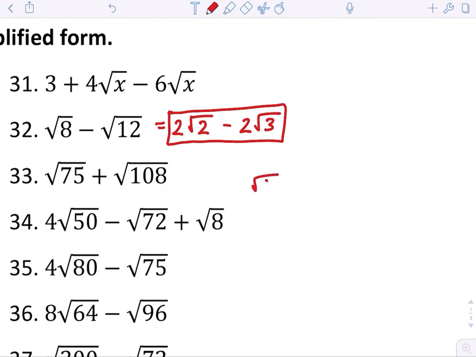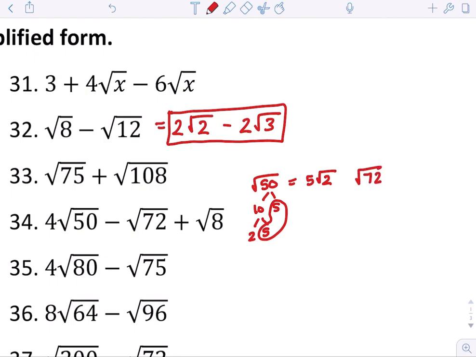All right, 34. So radical 50. This is going to be 10 and 5, 2 and 5. So we found a pair of 5's, right? So remember, the pair gets to come on the outside, and the leftover 2 goes on the inside, by radical 2.